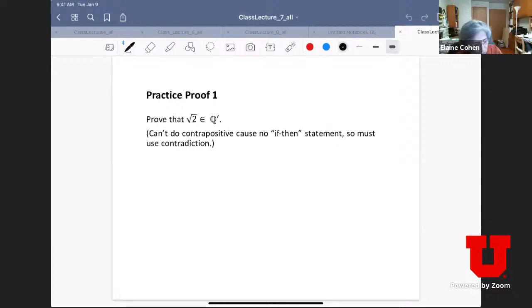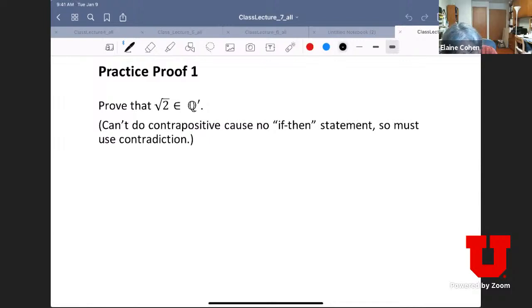Okay, going onward. Let us go onward and look at this proof. So I'll take contributions from the group. What should we say that we're going to show? What's our hypothesis if we can't say P and not Q because we don't have a P?